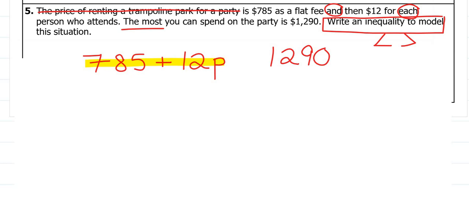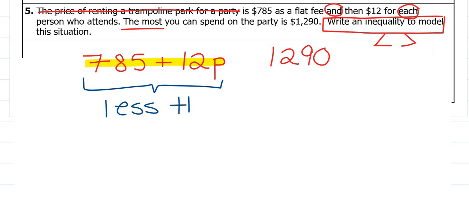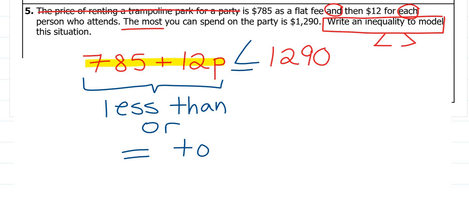Less than or equal to. So if I want this to be less than or equal to, I'm going to use the less than or equal to symbol, which looks like this. Less than or equal to. So remember, we talked about this in some earlier questions. This symbol, less than or equal to, is sometimes referred to as the most. Okay? Less than or equal to.